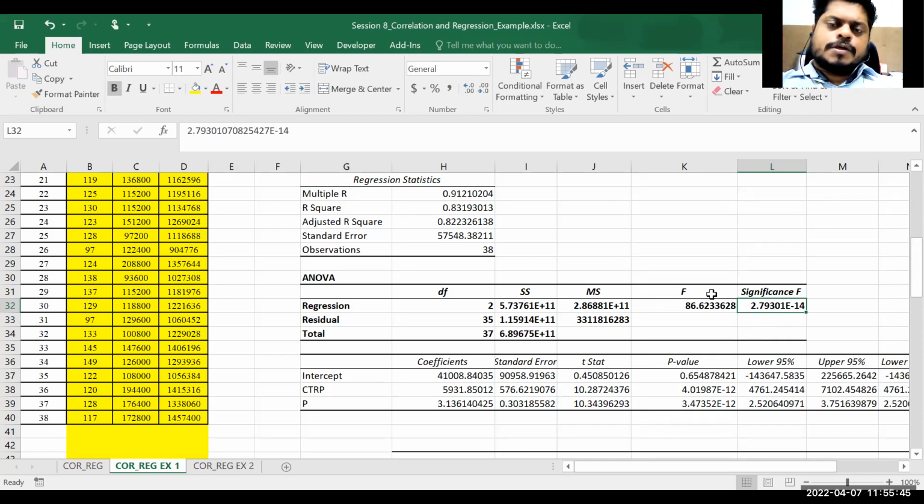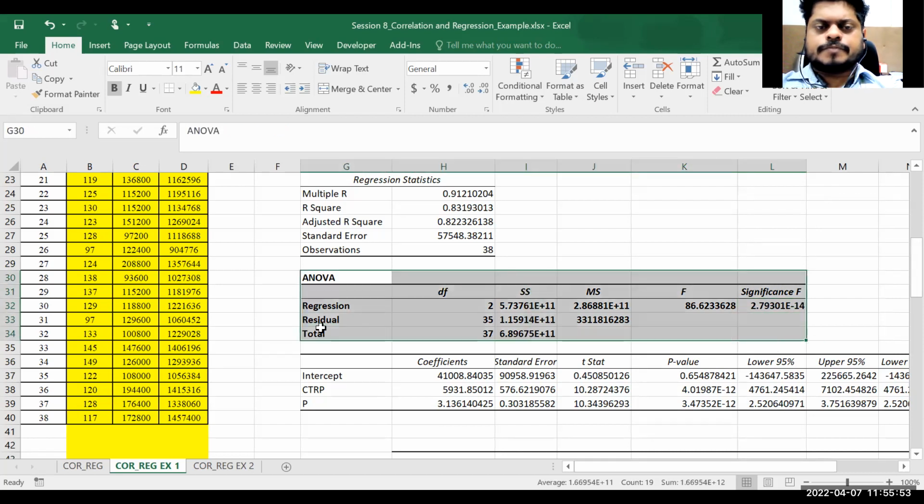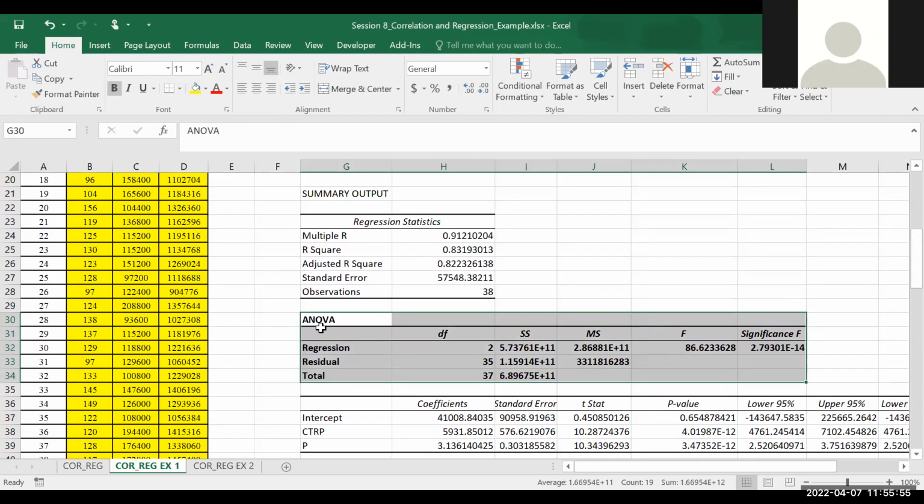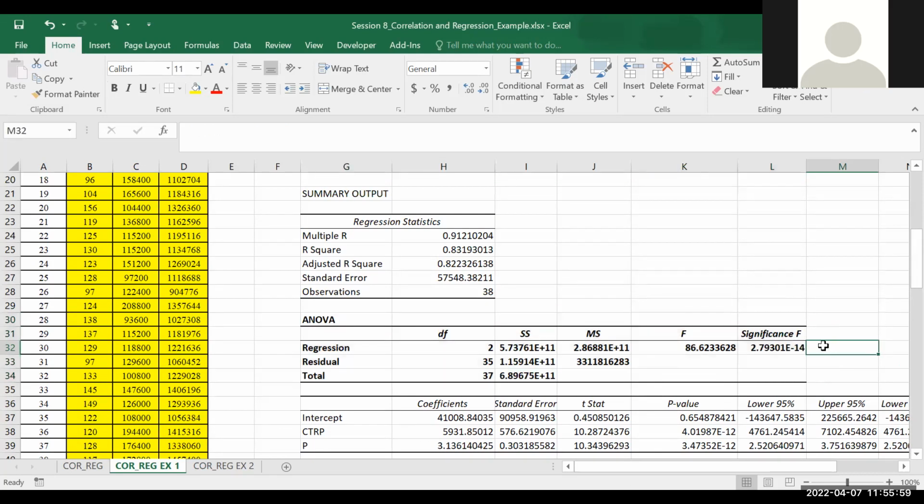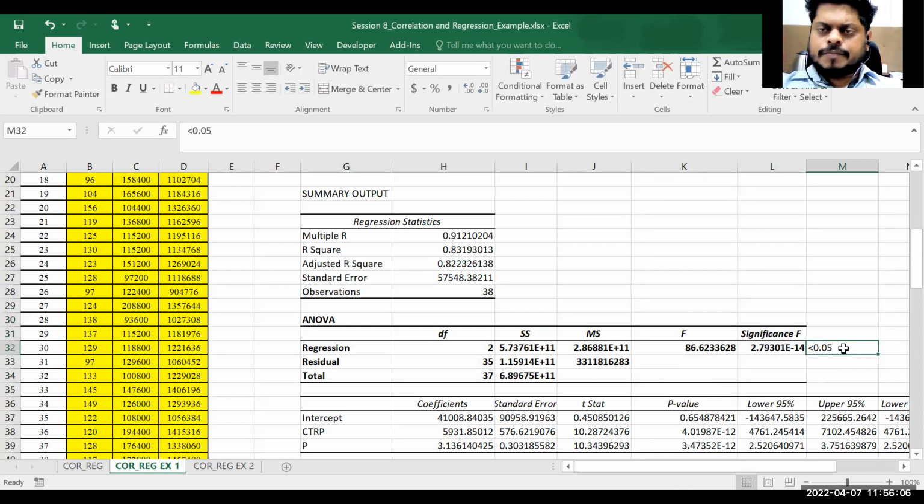So now my question is, you said that the data is significant, right? Any other answer? Sir, as the significance value is less than 0.05, we will consider that the hypothesis we have considered is significant and related.